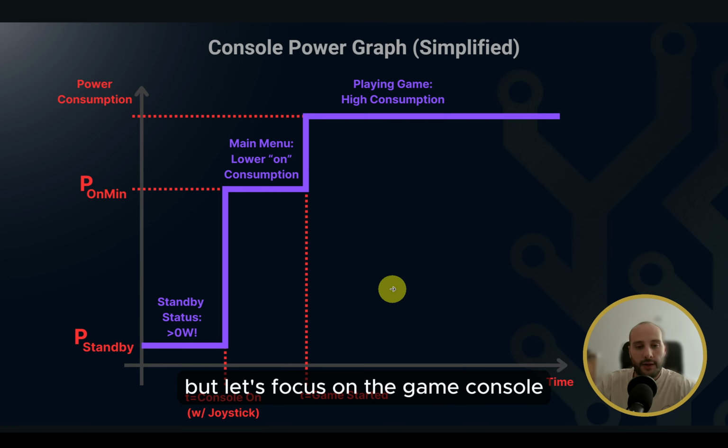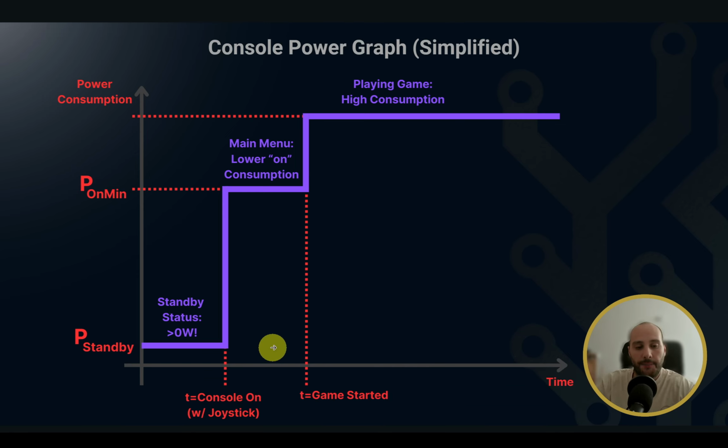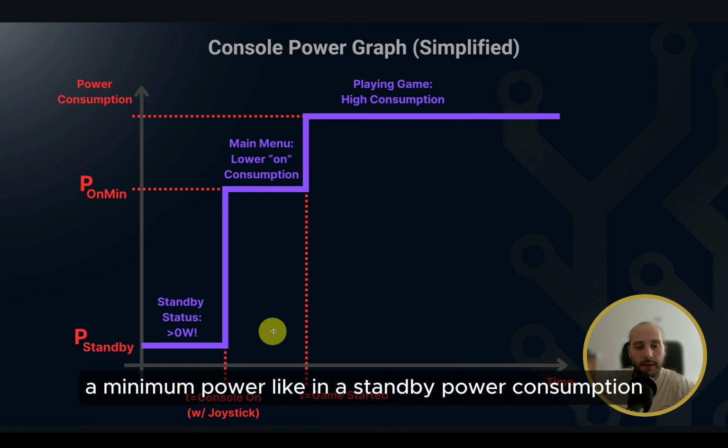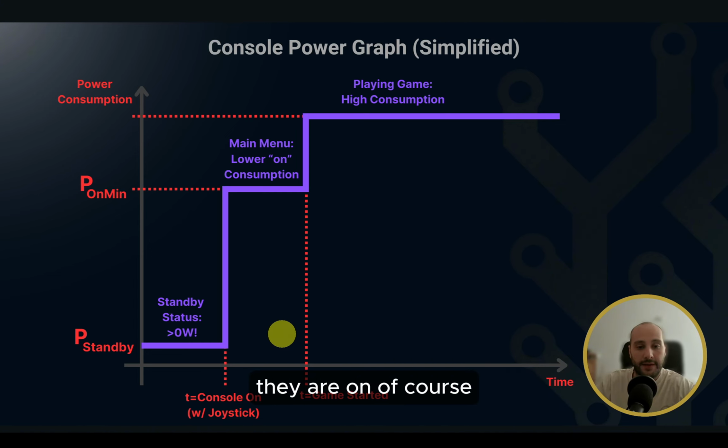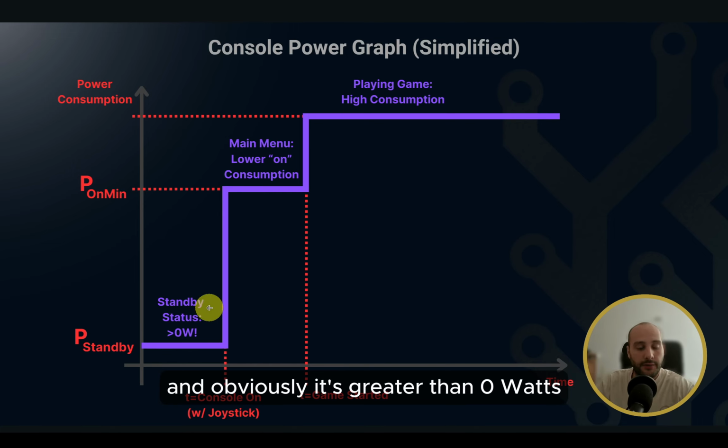But let's focus on the game console. Nowadays, almost every device has a minimum standby power consumption, because they are off, of course, but they have some processes running. So we have the standby power, which is the minimum value we could consider, and obviously it's greater than 0 watts.